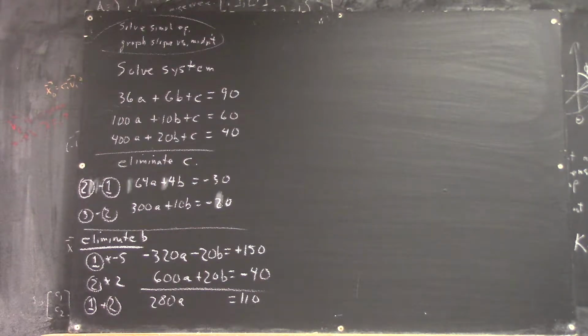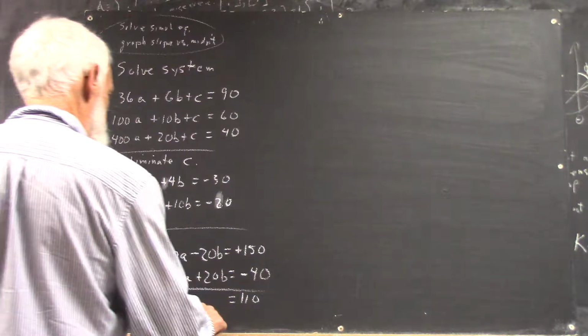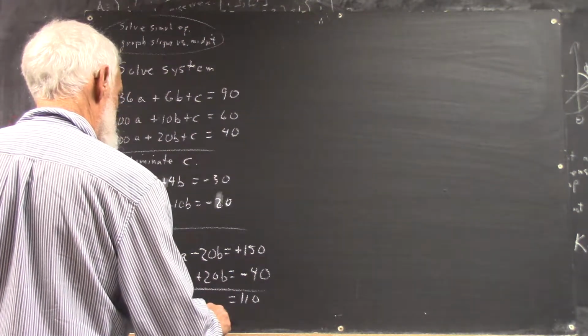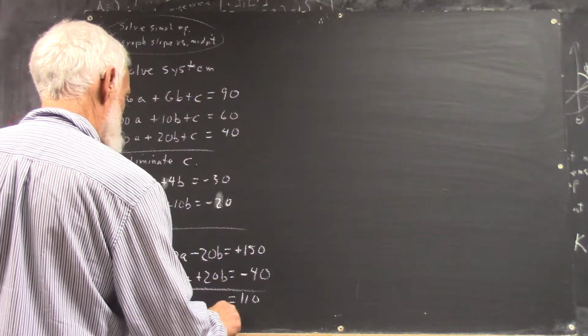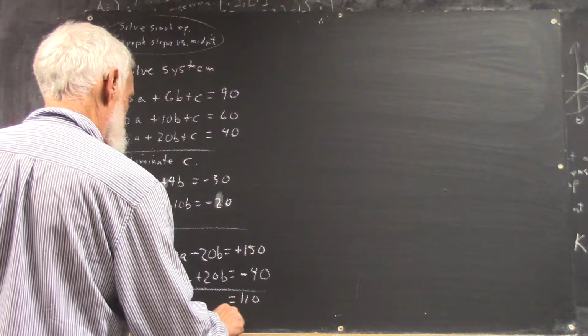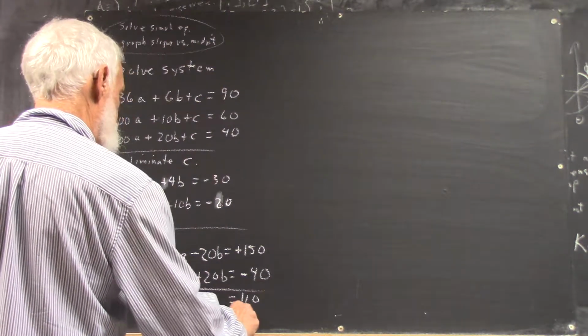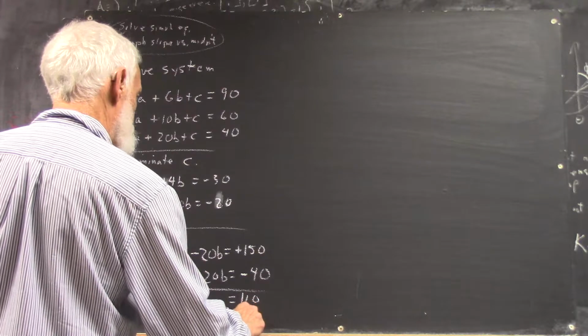Okay? So that a equals 110 over 280, which is 11 over 28.